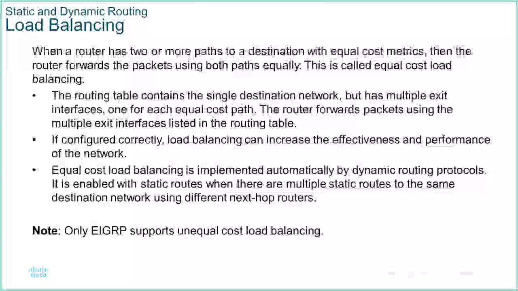I'm going to send even packets down the left, odd packets down the right, and balance it so I don't overload any networks. And this only works when the AD and metric values are exactly the same. Thus, equal cost load balancing.